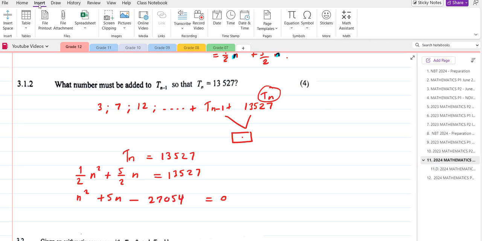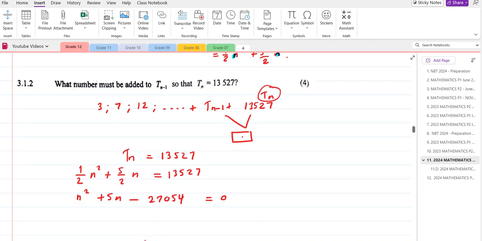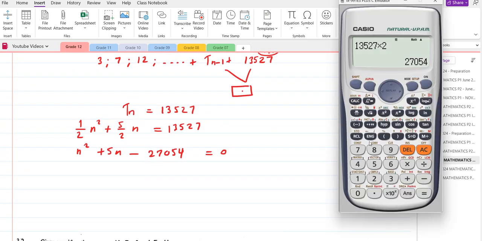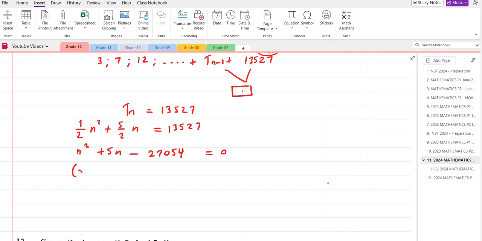Now I'm going to factorize this using my calculator. Otherwise you have to end up using the quadratic formula if you don't have the silver calculator. So I'm going to say mode 5, 3. A value is 1, B value is 5, C value is negative 27,054. Press equals. Don't write x, write n. Remember, n is equal to 164.